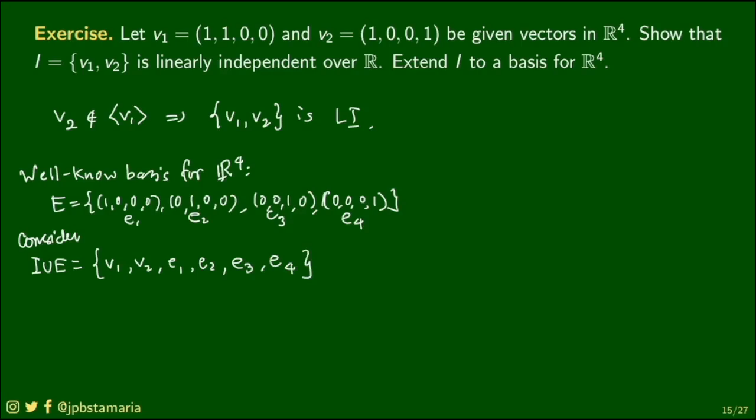So there are 6 vectors. Obviously, 2 of these must be redundant. So we have to expel 2 of these 4 to have a basis.